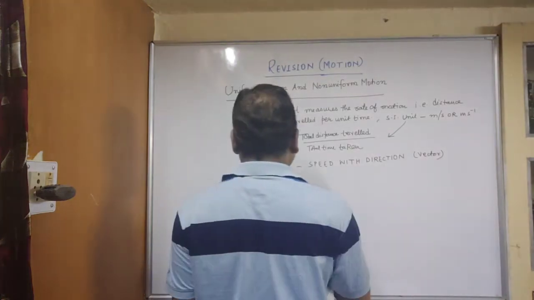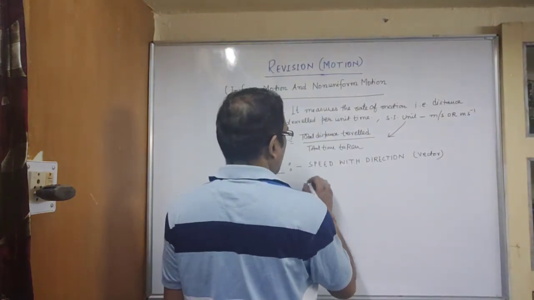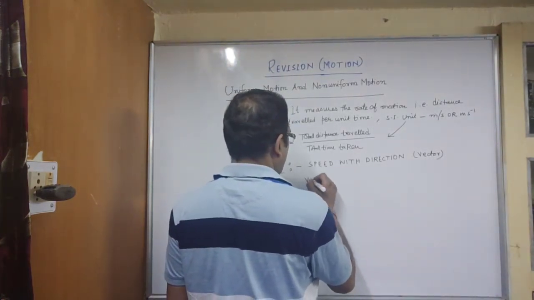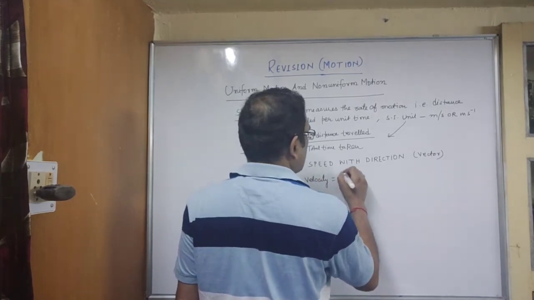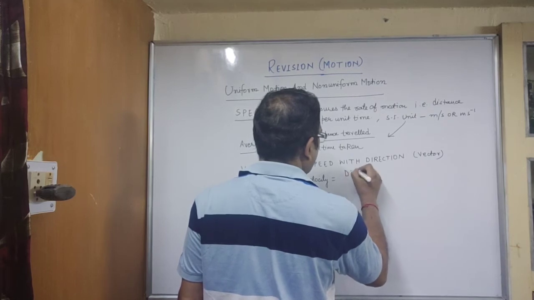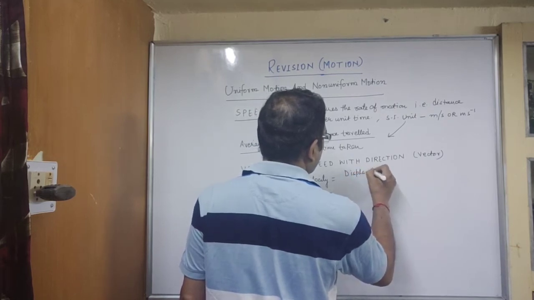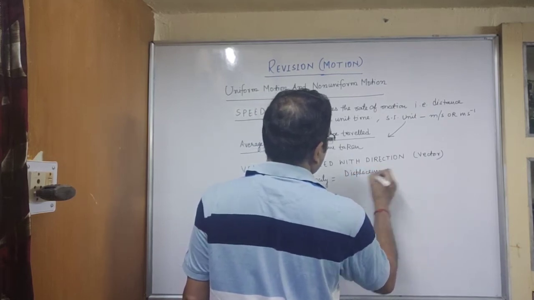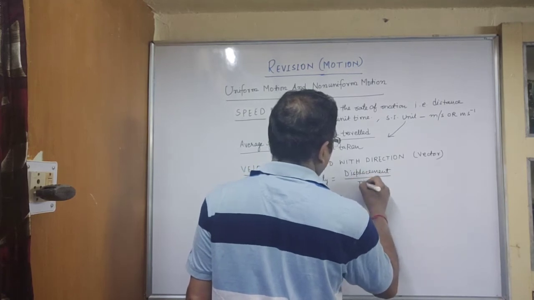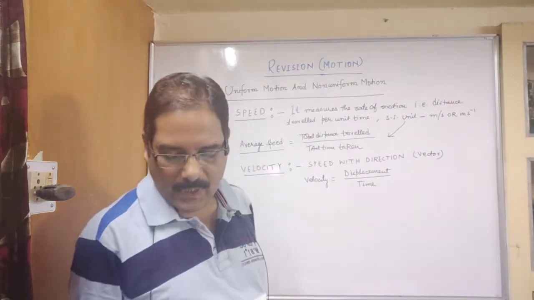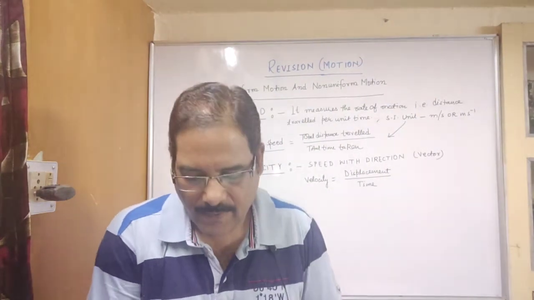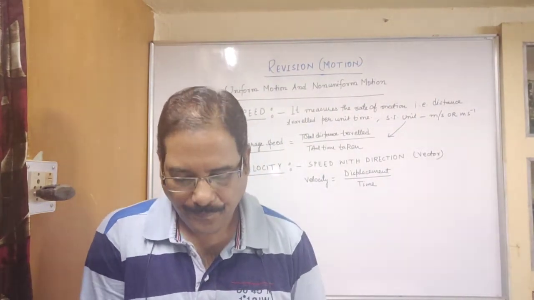So when we have to write a formula for it, we will write velocity is equal to displacement by time. Velocity is equal to displacement by time.